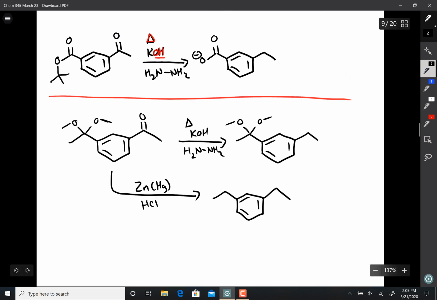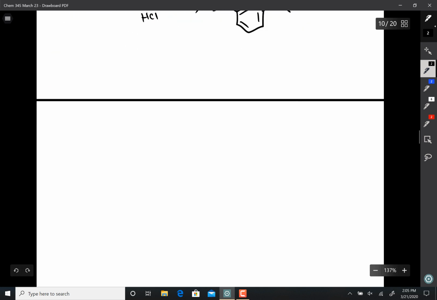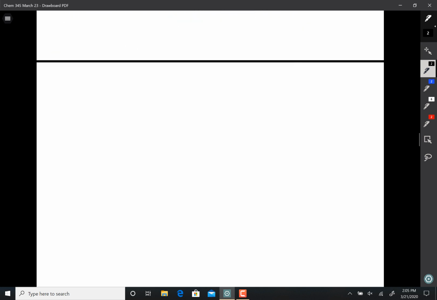We have other ways of reducing carbonyls. But only the Wolff-Kishner or the Clemmensen will take a carbonyl all the way down to the alkane.